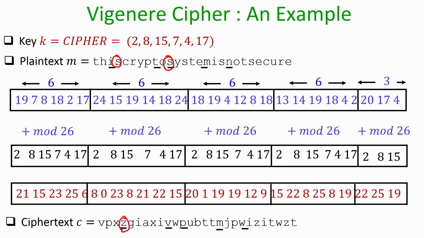And the reason this is happening is because each time the value S gets shifted by a different amount, which depends upon the position of the plain text character S, that means where exactly it is occurring.